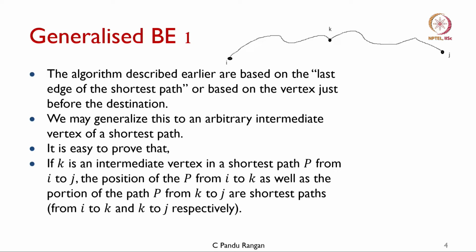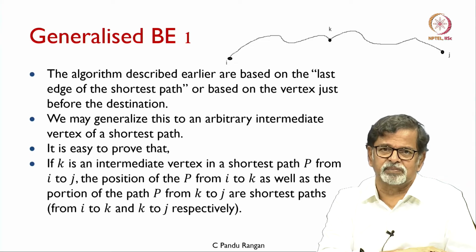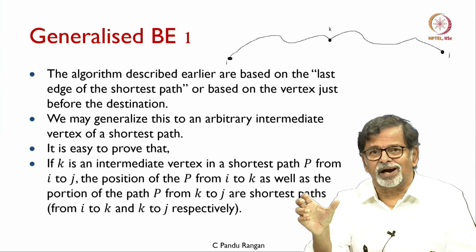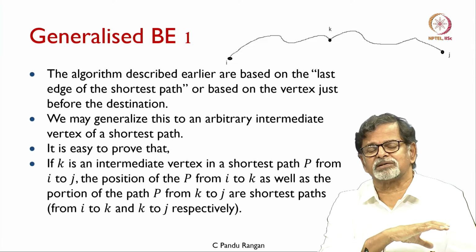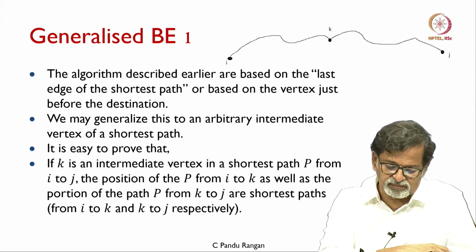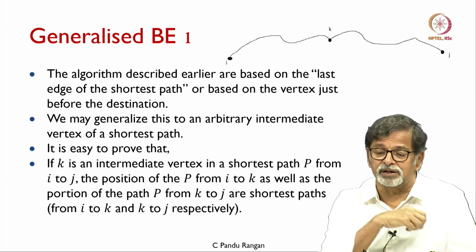The algorithms that we have described earlier are based on the last edge of the shortest path. So, considering the last edge and the remaining edges of the shortest path, we derived the recurrence equations. Now we are going to generalize it for an arbitrary intermediate node.